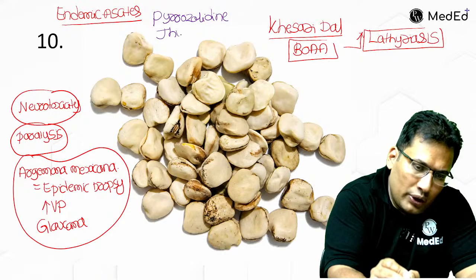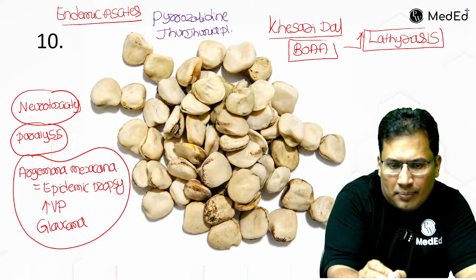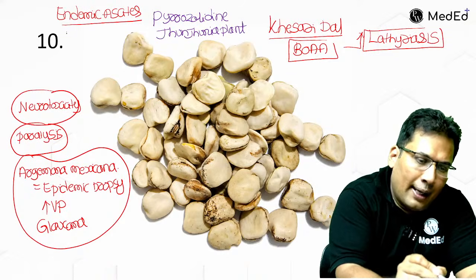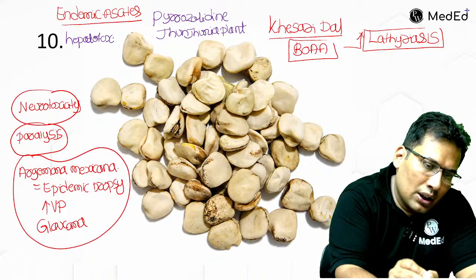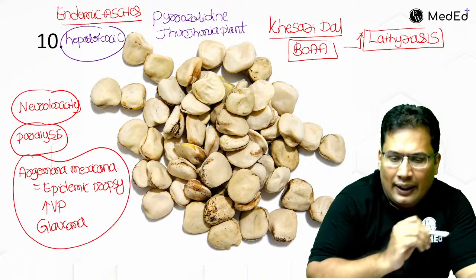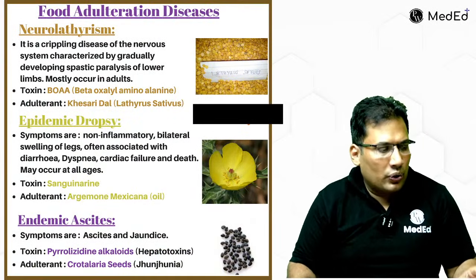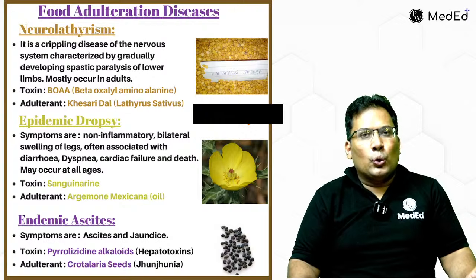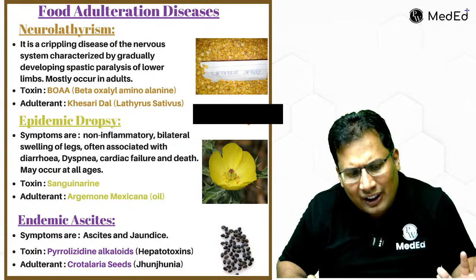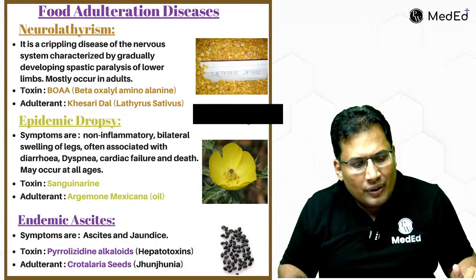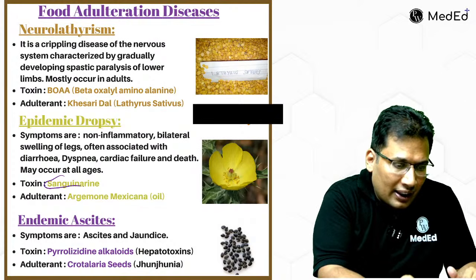That is Crotalaria plant, which is basically hepatotoxic. So after the class, just go through these notes. Neurolathyrism, epidemic dropsy, endemic ascites, all are very, very important questions. So the toxin in epidemic dropsy is sanguinarine.